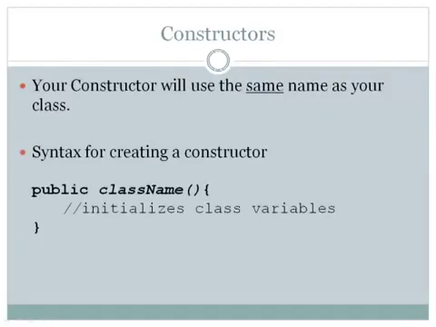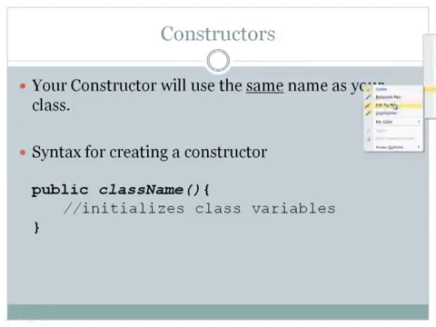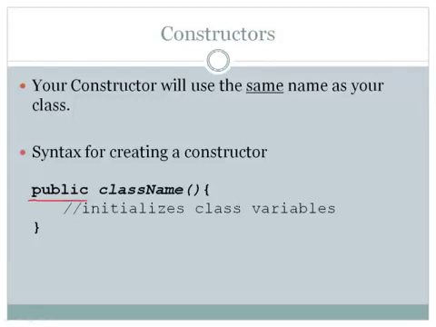The syntax for creating a default constructor is keyword public, and again that's the accessor so that you can actually create an object, and then whatever the class name is, again it has to be the exact same thing as your class, and then parentheses. Then you have the open curly brace and the closed curly brace.